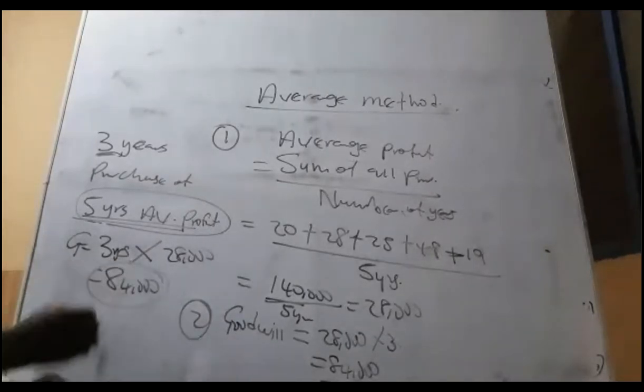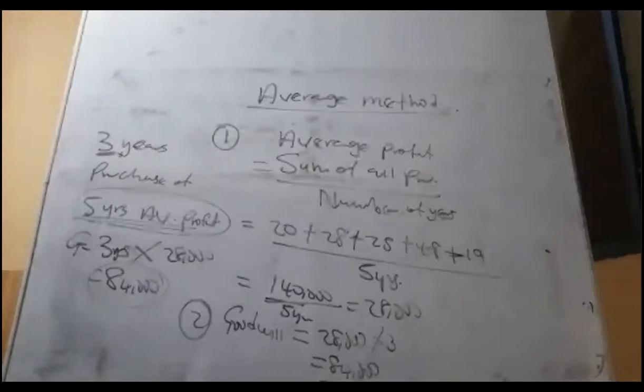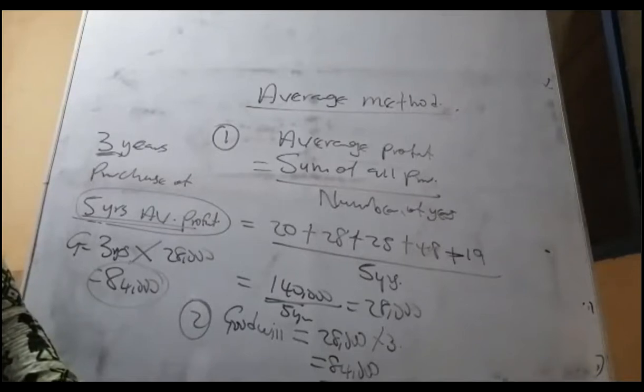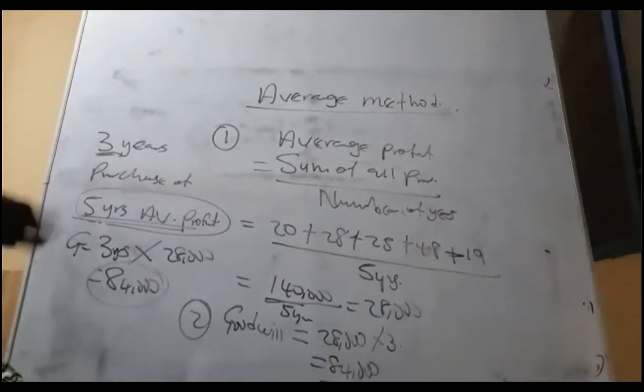So in that situation, if you are determining the value of the company using the net assets method, then this 84 should form part of the goodwill. This 84 will form part of the total assets, because the goodwill, after you have valued it, should be part of the total assets.